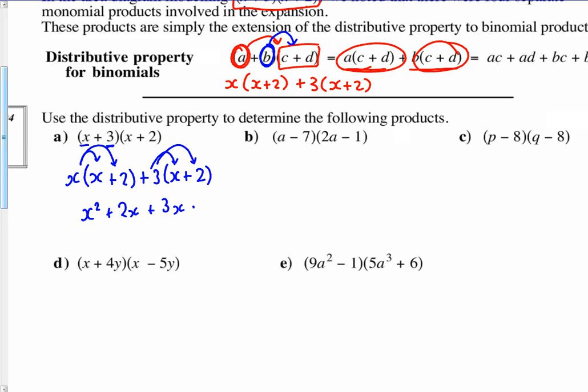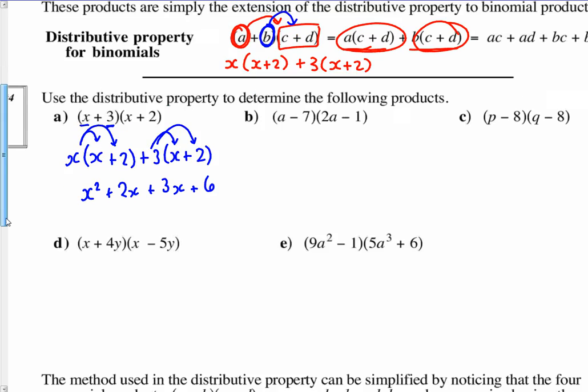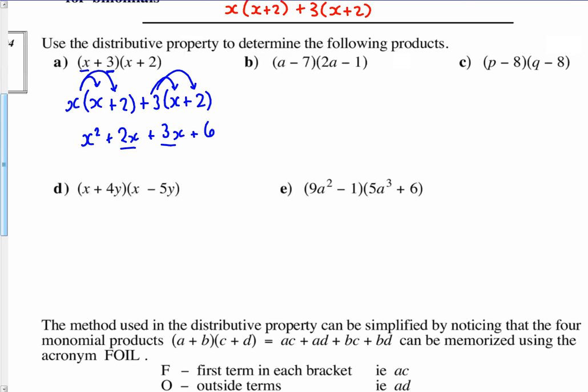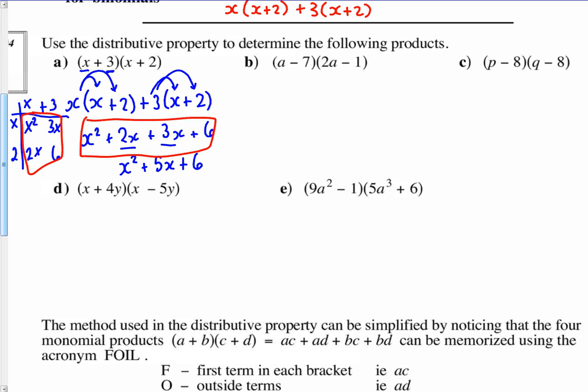And then 3 times 2, 6. And then last, we collect our like terms. They're often in the middle. X squared plus 5x plus 6. If we did a chart, x plus 3, x plus 2, we get the same thing: x squared, 3x, 2x, and 6. Do you see how this is the same thing as this?